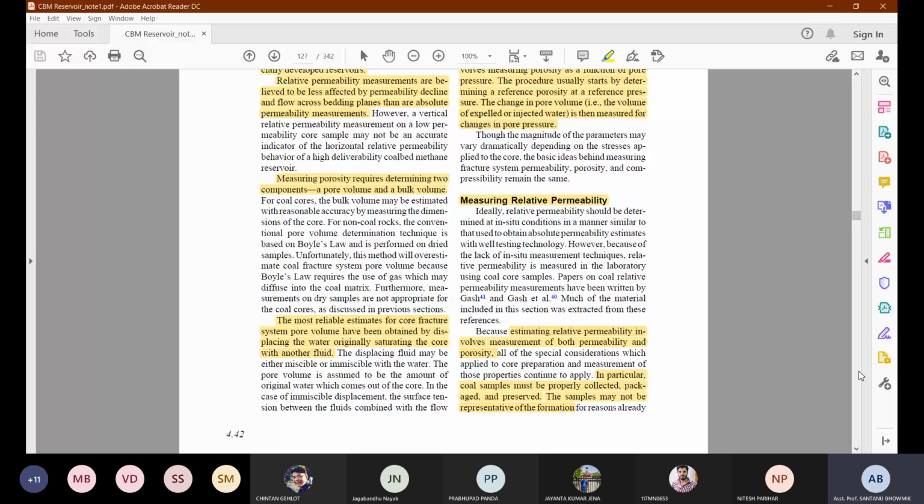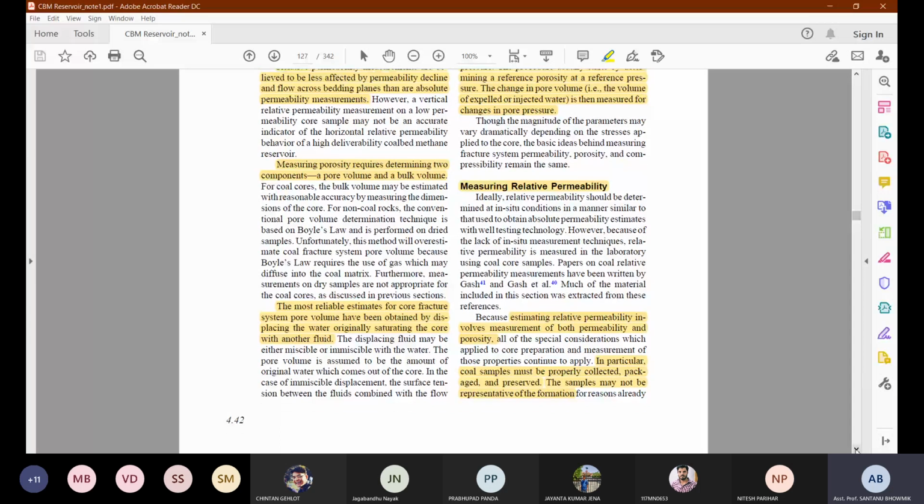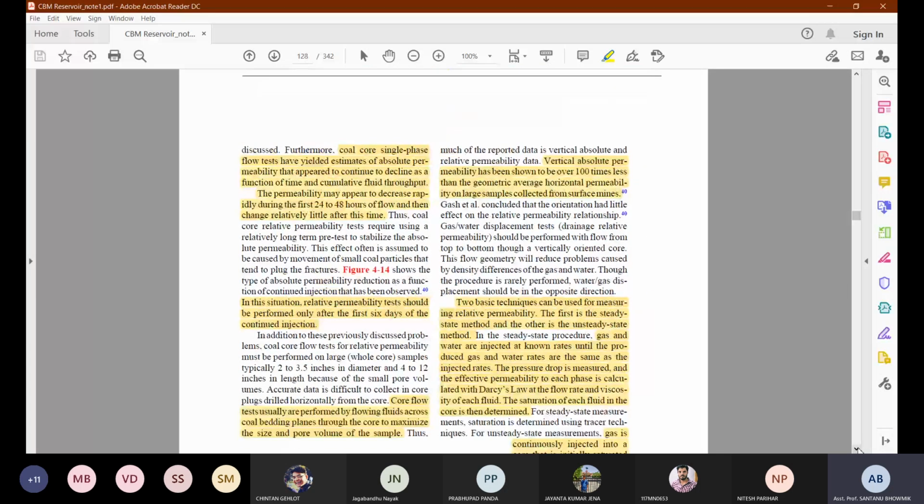Then the water-saturated sample is the normal basis, and you can compare all the permeability values. But again, you have to make sure your core sample is representative of your coal seam. Otherwise there will be some problem.